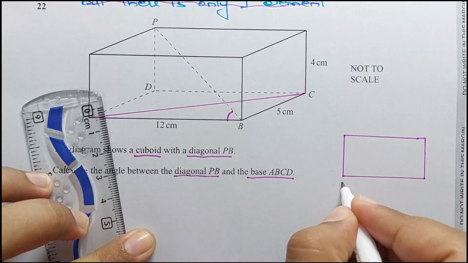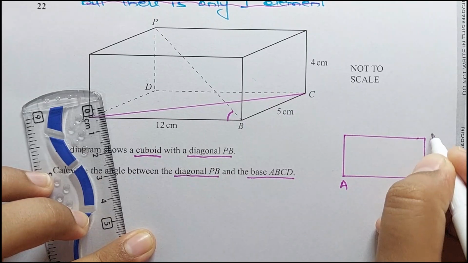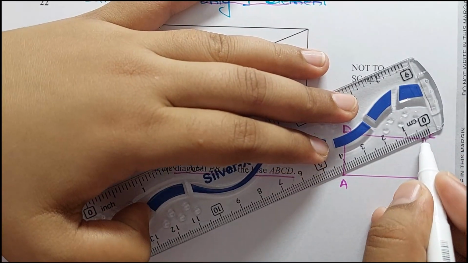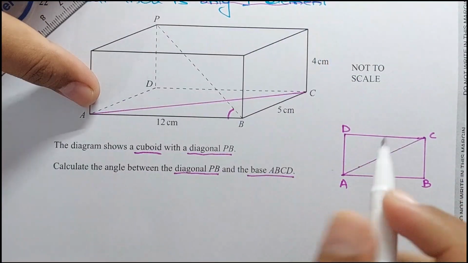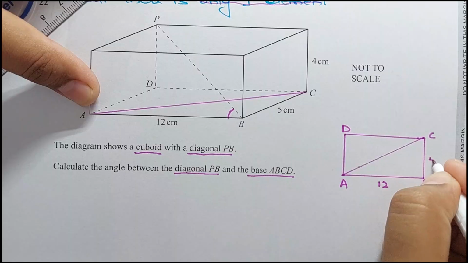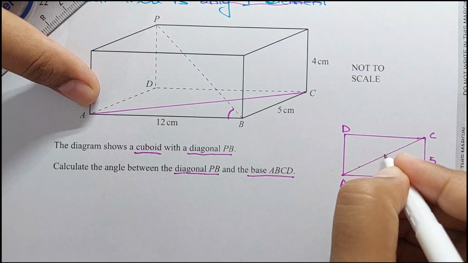So this is the base ABCD. If I connect the diagonal AC, we have AB which is 12, and BC which is 5. Let me figure out what AC is.